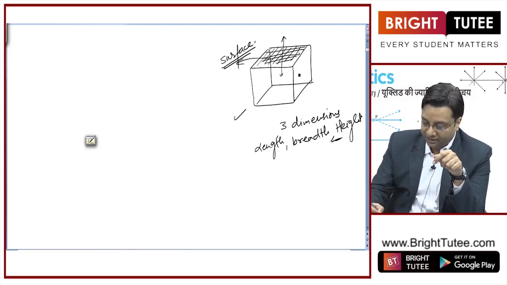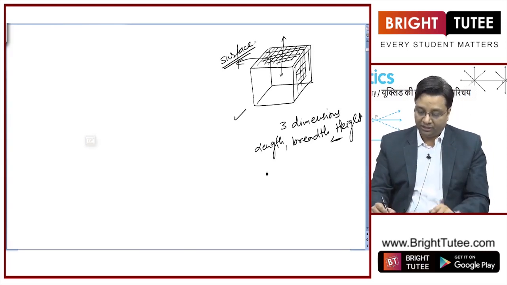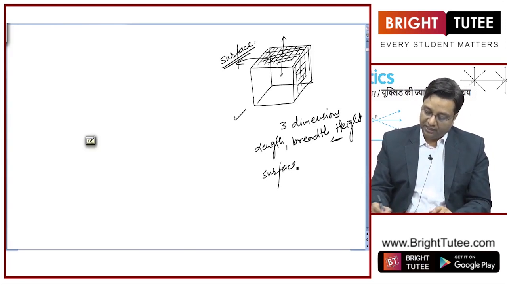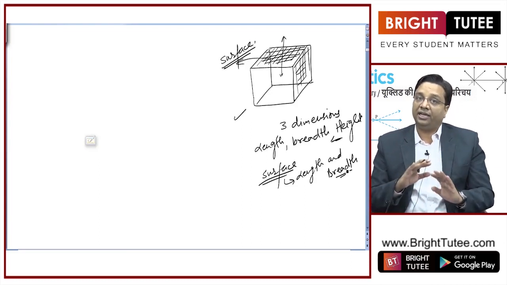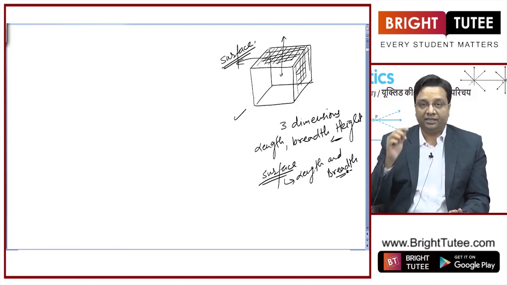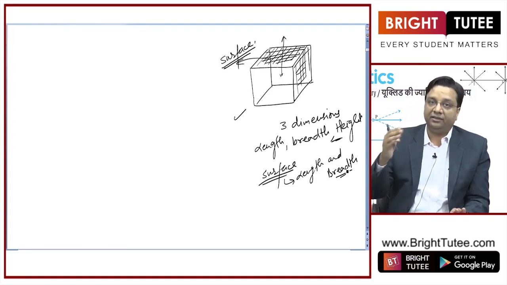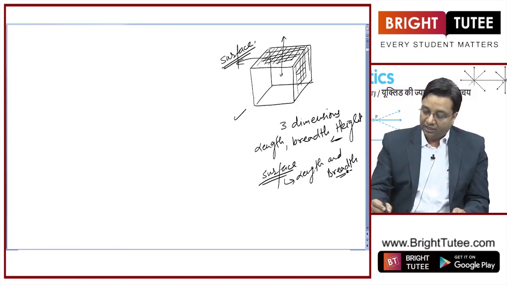In this particular case, this solid has got 6 surfaces, and if you talk about a surface, you can talk about only two dimensions in this case, length and breadth, right? This surface hasn't got any height in it, right? It has got only two dimensions, length and breadth, right?